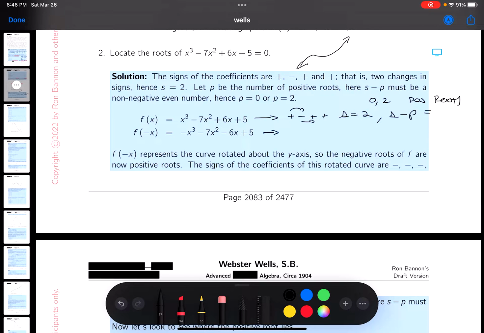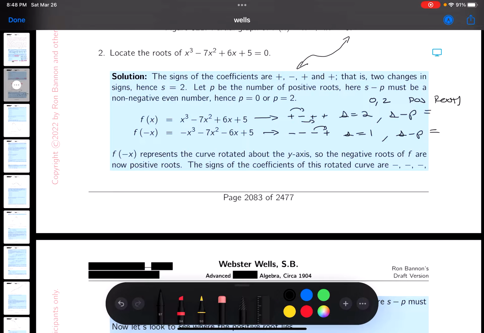Then we're going to do a rotation about the y-axis. So the negative roots will become positive roots now. So let's write this down: minus, minus, minus, plus. So I'm going to say there's one sign change. So s equals 1. So s minus p, again, has to equal a non-negative even integer.